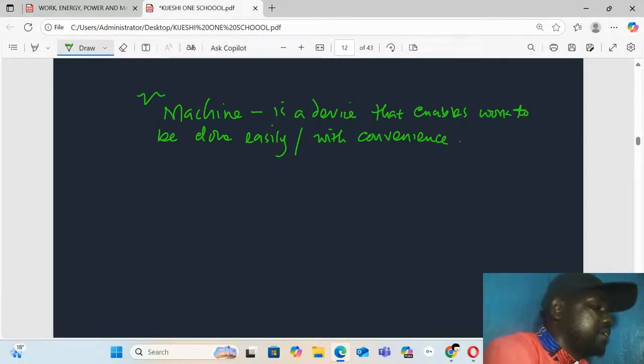Then we have to talk about what is happening within a machine, where we apply the force and what happens when you are doing the work. Remember, you are working against a load.